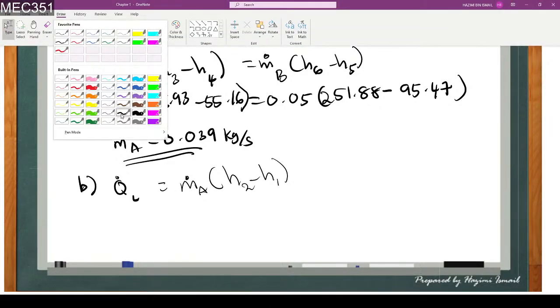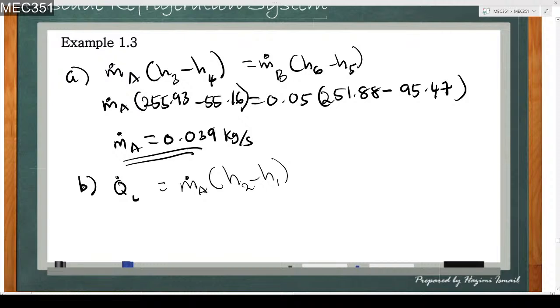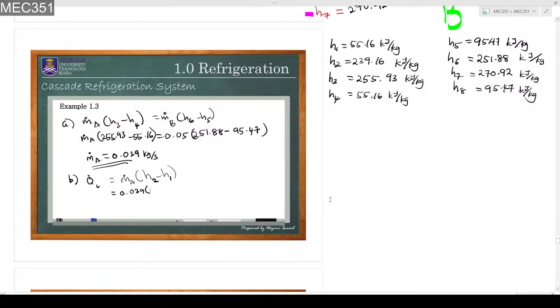Straightforward, M dot A is the value that we obtained in question A, 0.039 times the enthalpy change of H2 and H1, 239.16 minus H1, 55.16. And finally, we will get the value.